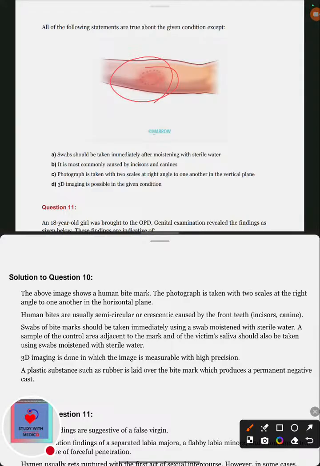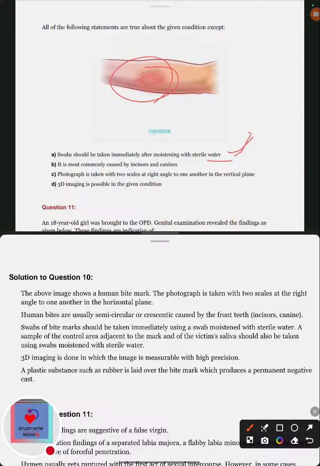Swabs of bite marks should be taken immediately using a swab moistened with sterile water. A sample of the control area adjacent to the mark and the victim's saliva should also be taken using a swab moistened with sterile water.